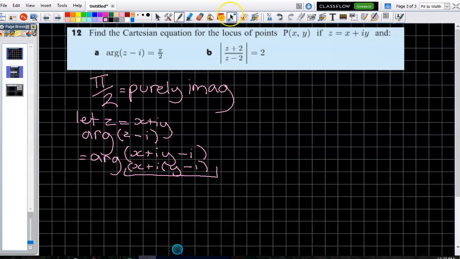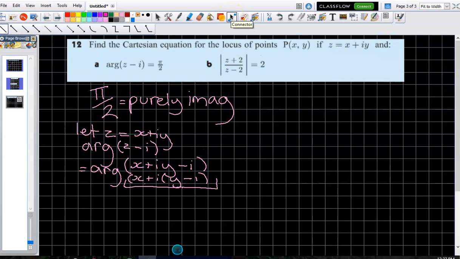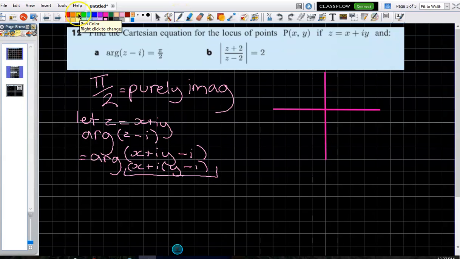So therefore, for it to be purely imaginary, let's do the whole thing up here as well. We'll draw the Cartesian line as well, just so it makes it a little easier. So if it's pi, we know this is pi, so maybe this is pi on 2.